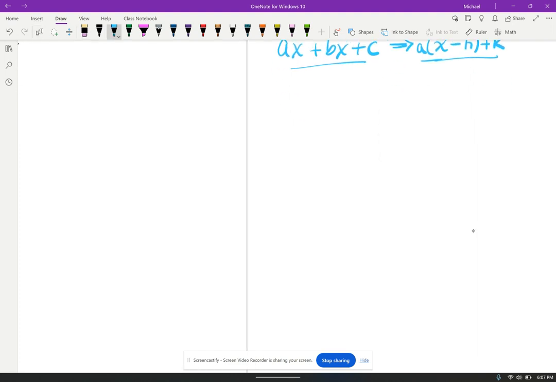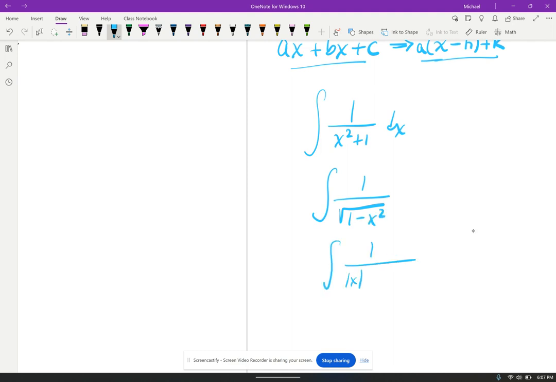Some of our antiderivative rules, like this one, like this one, like this one, are rules where if you recognize the pattern, oh, that's going to be arctangent, or this is going to be arcsine, or this is going to be arcsecant, right?